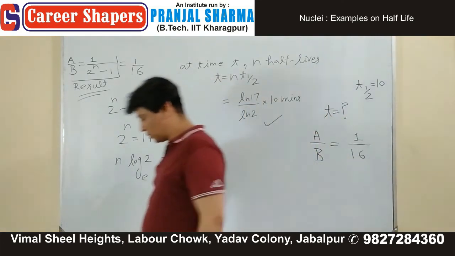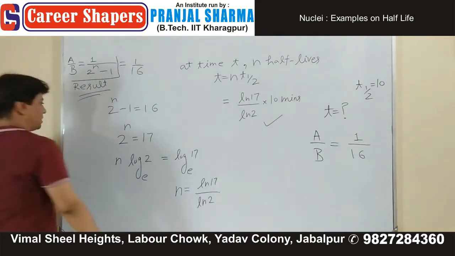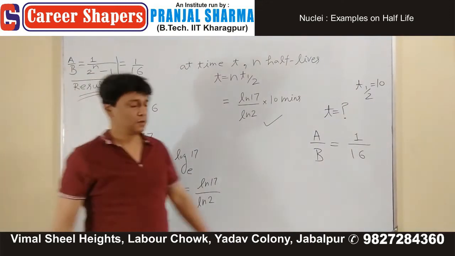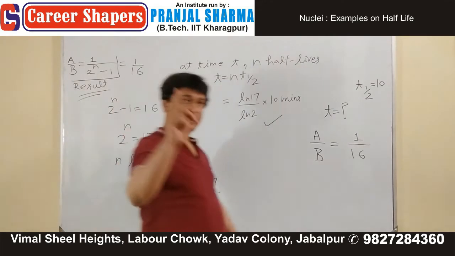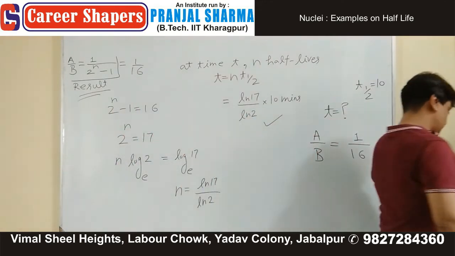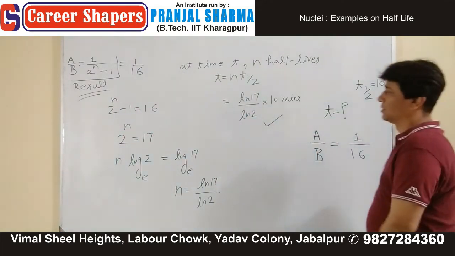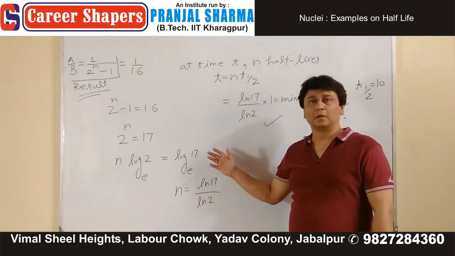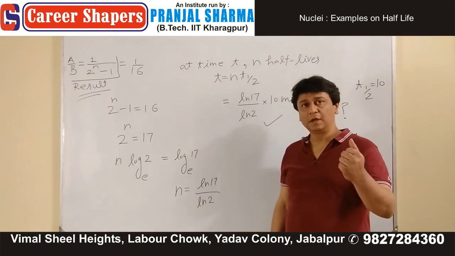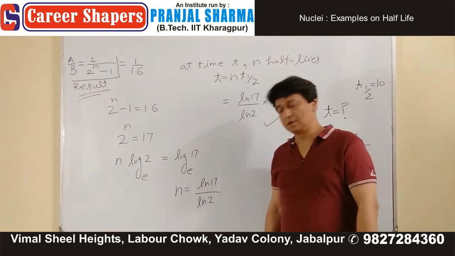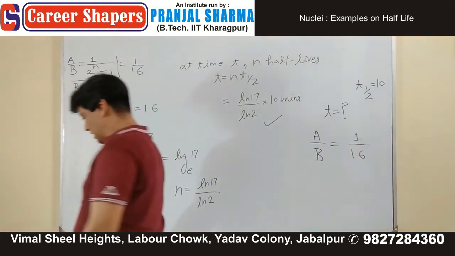Write down the next question. Initially, that is at t equals to 0, a sample has equal number of parent and daughter nuclides.